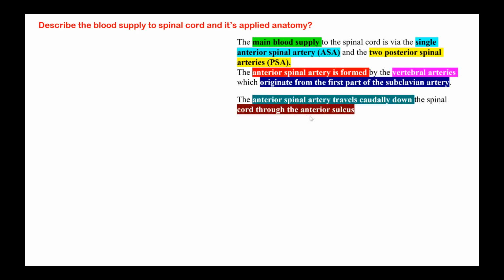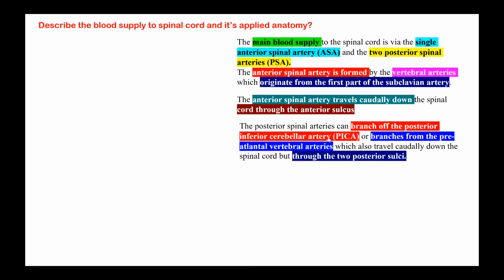The anterior spinal artery then travels caudally. Both vertebral arteries contribute one segment, and they unite to form a single spinal artery.